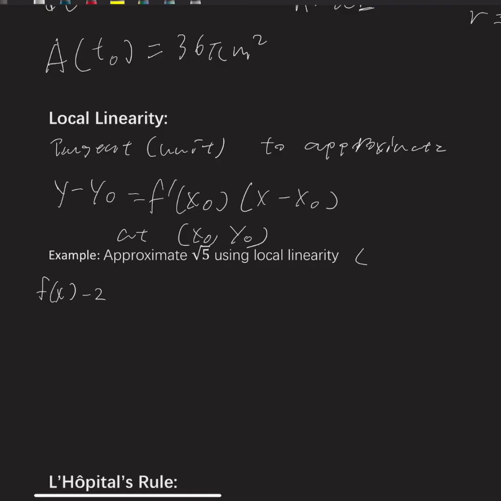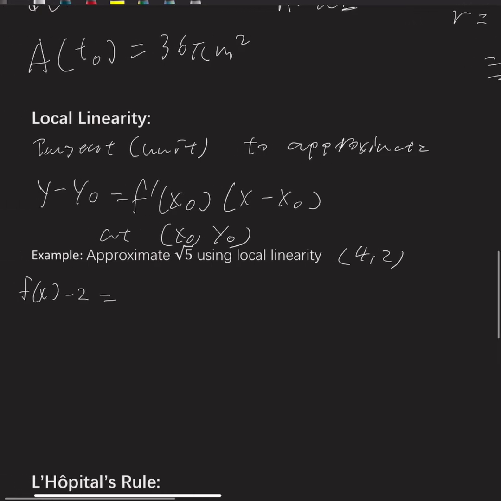Let's write the point, that's (4, 2). That's equal to f prime of x0. The derivative of the square root of x is 1 over 2 times the square root of x. This x value is 4. Multiplying by x minus our x value, which is 4.